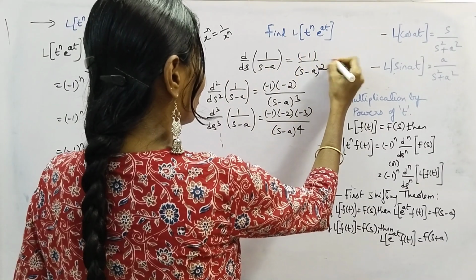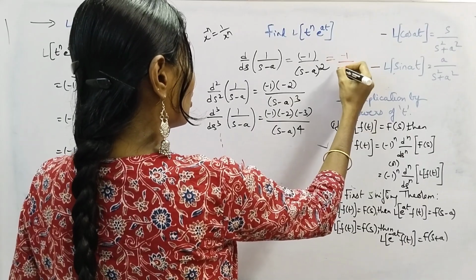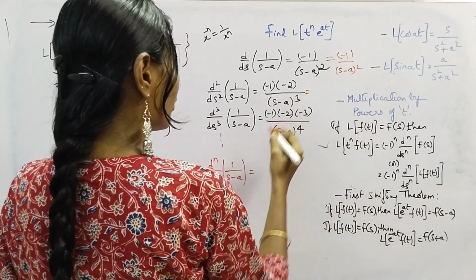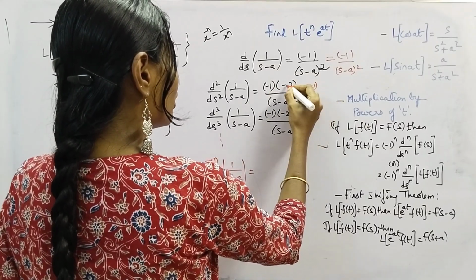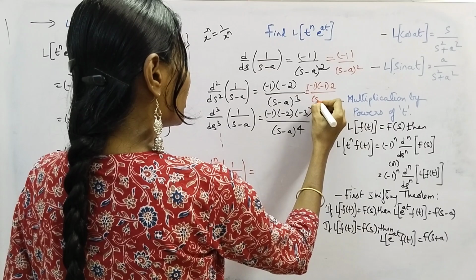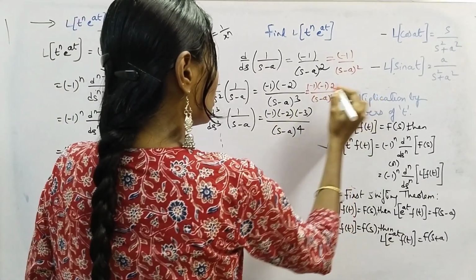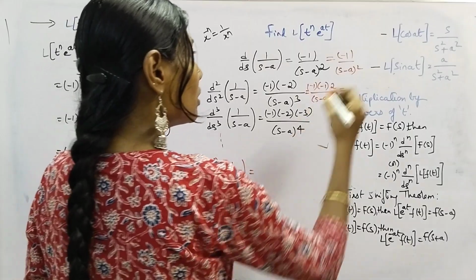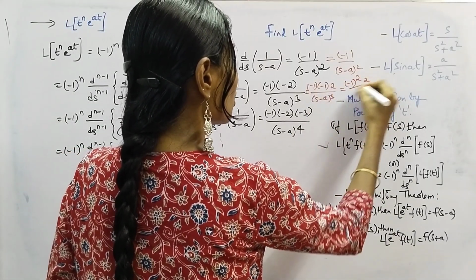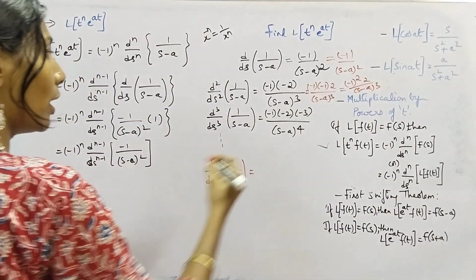Right, I'll tell you. So here we can write this as minus 1 by (s minus a) whole square, and here you can write minus 1 as minus 1 into 2 by (s minus a) whole cube, right? And minus 1 into minus 1 can be written as minus 1 whole square into this 2 by (s minus a) whole cube, right?